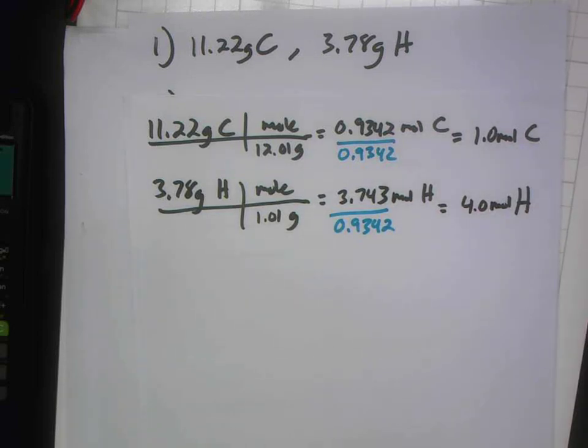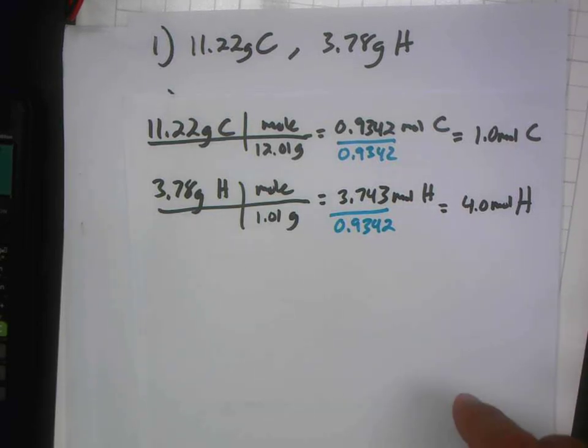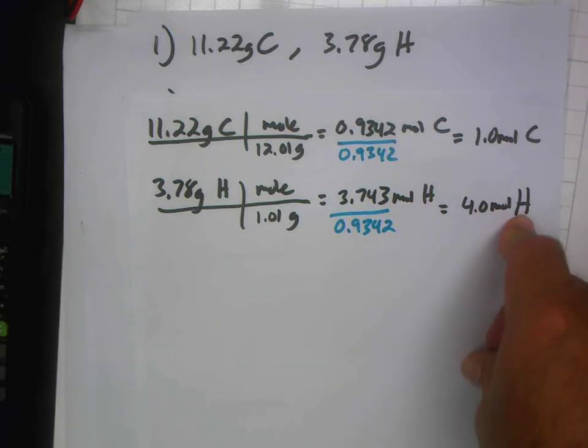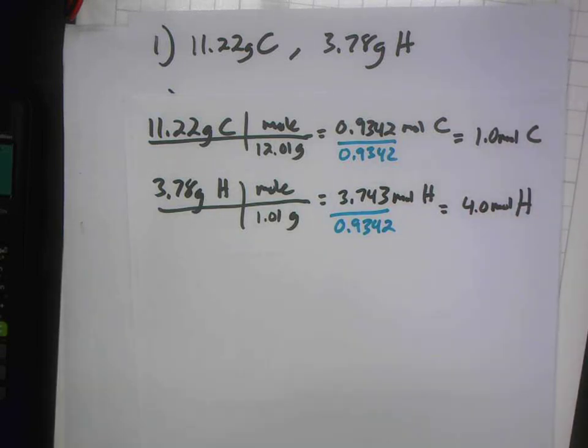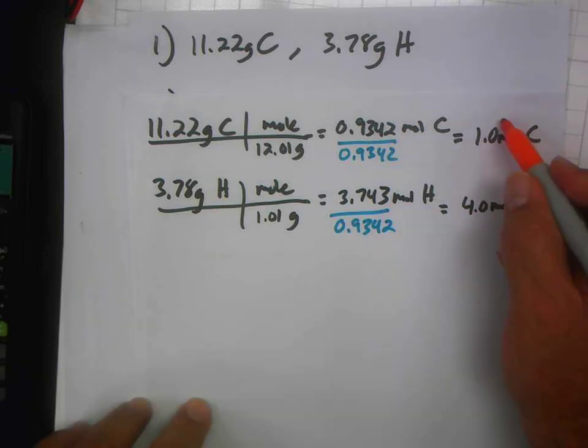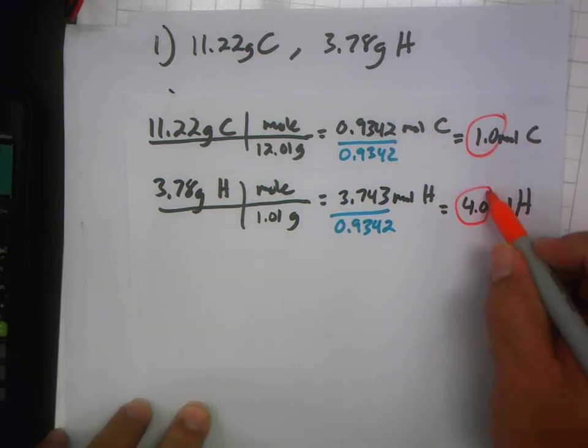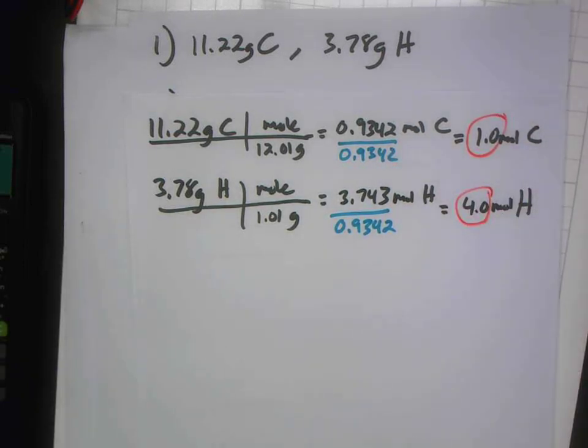And remember, the subscripts in our formulas can give you the atom ratios, atoms of one element to another, or they can give you mole ratios, moles of one substance to another. So the 1.0 with carbon and the 4.0 with hydrogen are going to be our subscripts.